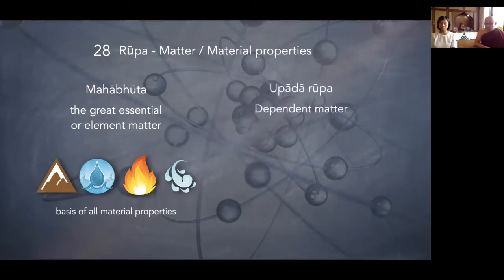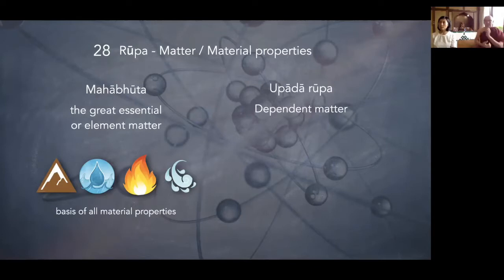Remember that it is the qualities of these elements, not the element itself, but indeed these elements, as we know them, the 4 elements, are the ones who exemplify their characteristics the best. And then 4 of these 28 are the primary elements, and the other 24 are called dependent matters.